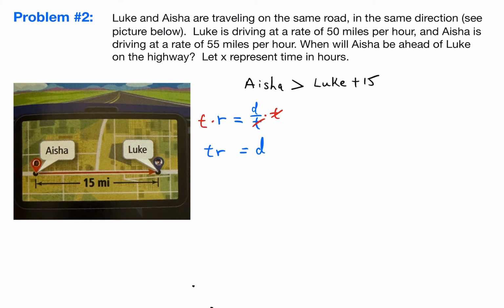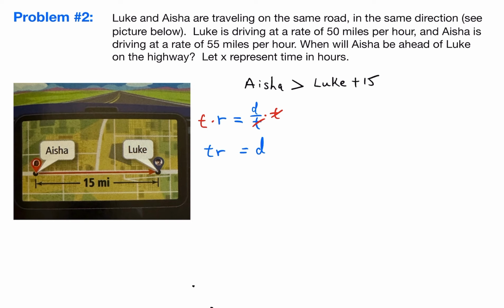So now we know what the relationship is between distance, rate, and time: distance as a function of rate and time. So in terms, what we mean is we want to set it in terms of distance. And so let's go ahead and rewrite this expression. We know Aisha's distance has to be greater than Luke plus 15. What is Aisha's distance?